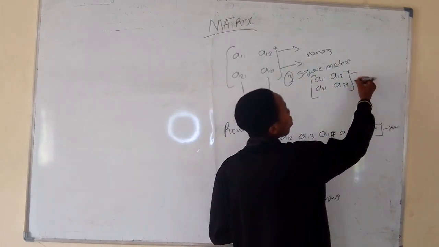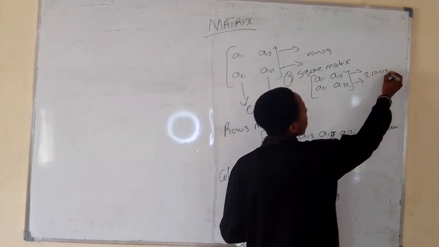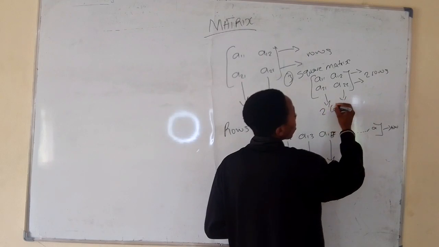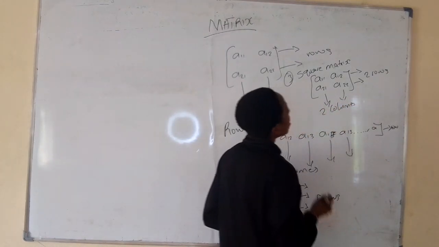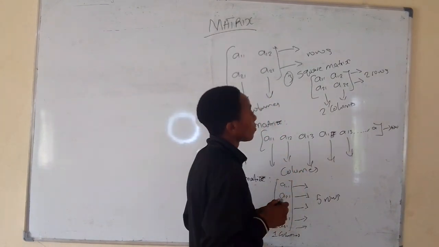This has 2 rows and 2 columns. So this is an example of a square matrix. This is basically 3 types of matrix.